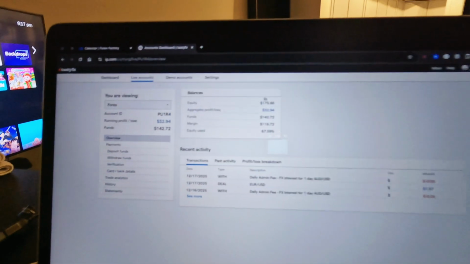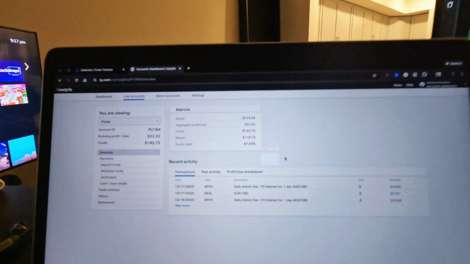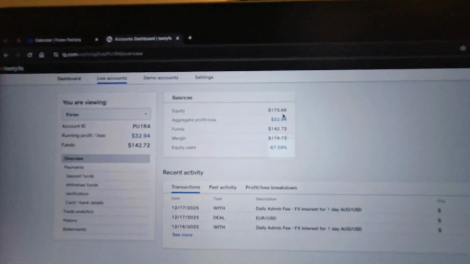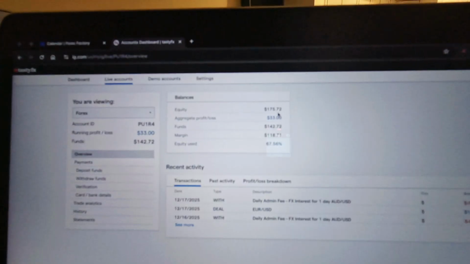Going back to the overview, it looks like the equity on the account is, let me put the camera right here, 175. Keep in mind, guys, this is a GoPro. Anyways, equity right here, 175, and that's already $25 in profit so far from 150.